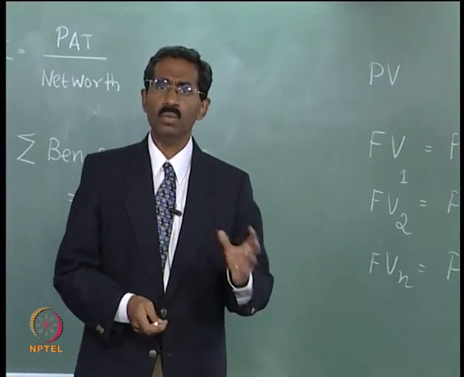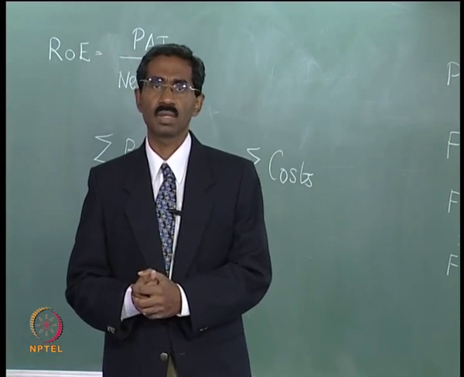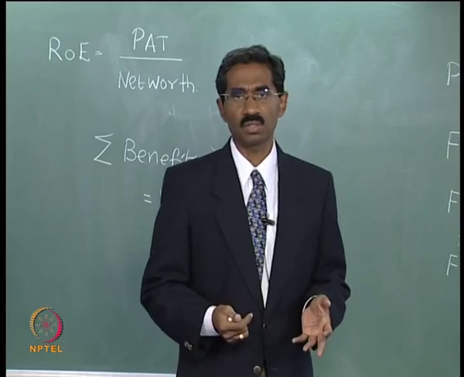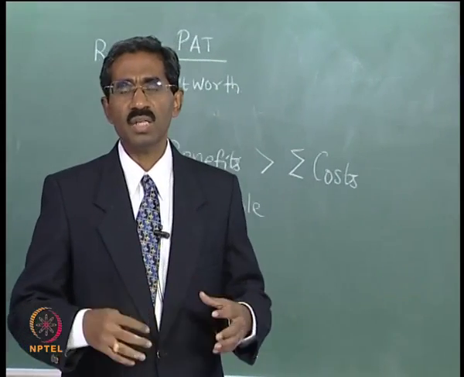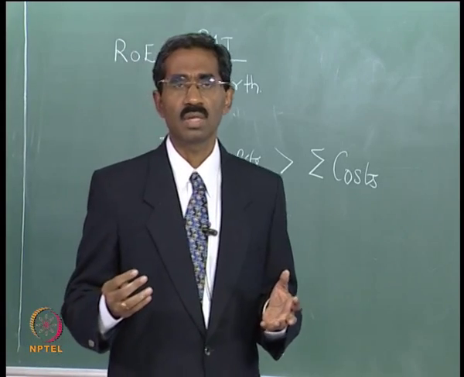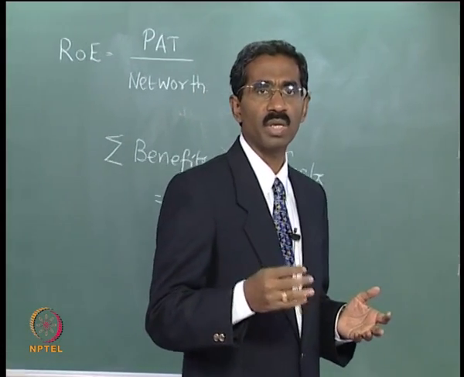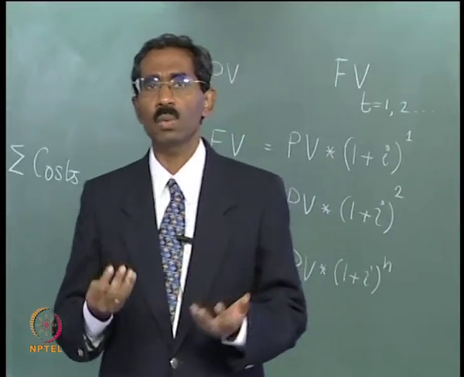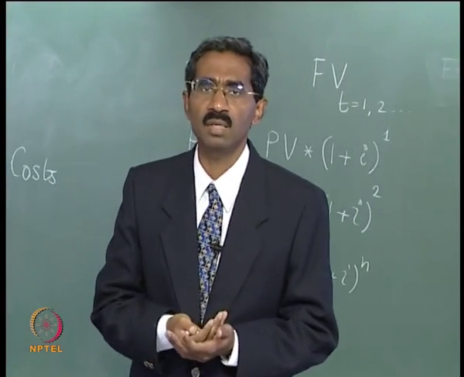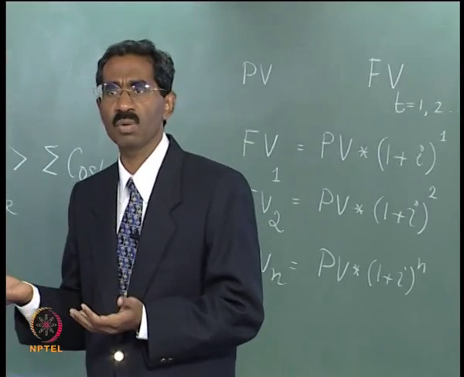Now when you are going to add the benefits over a period of time, we cannot directly add the benefits that are going to occur for many years in the future, because they are simply not equal. As we just saw, 100 today is not equal to 100 1 year from now.